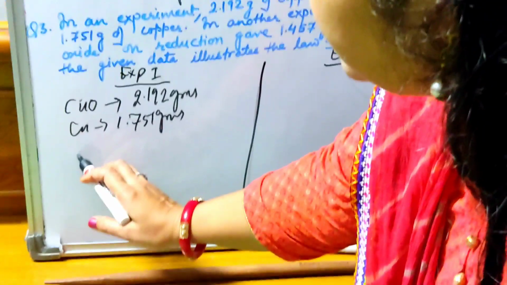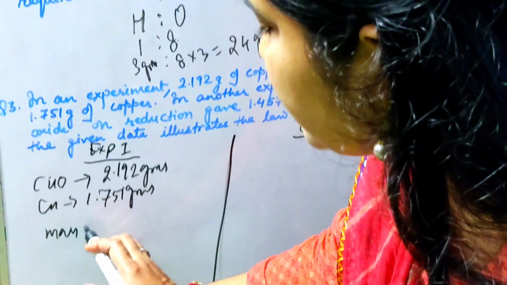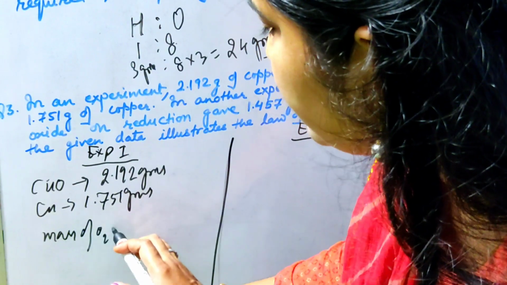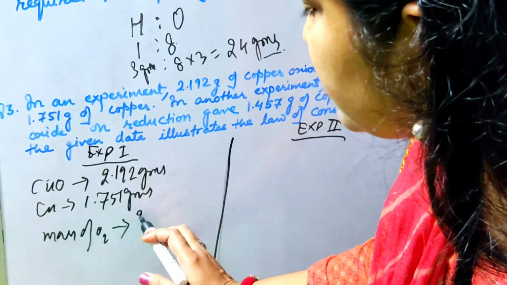Now children, you can easily find out the mass of oxygen here, because according to the first law, the law of conservation of mass, it states that the mass remains the same. Okay, so by applying that law, you can here find out the mass of oxygen. How? See, the mass of oxygen can be found out like this. Mass of oxygen will be mass of copper oxide minus copper.